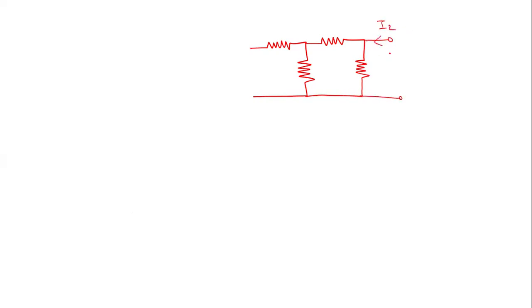This is I2, this is V2, this is I1. This node voltage is V1. So this is 1 ohm resistor, 2 ohm resistor, 2 ohm resistor, this 4 ohm resistor.